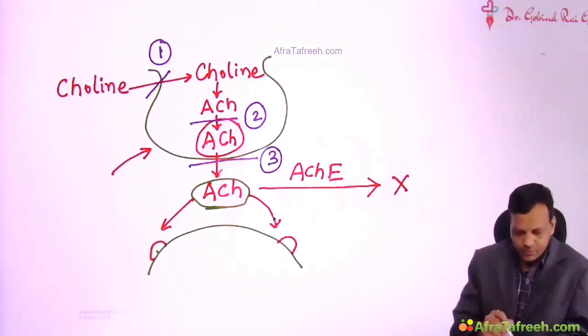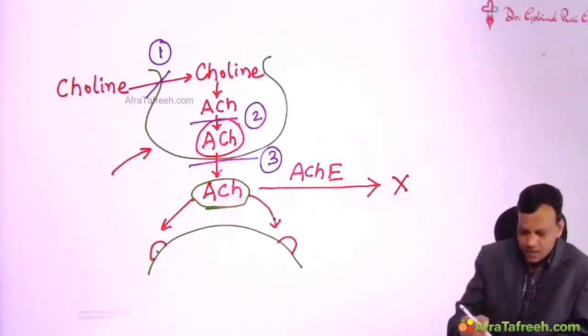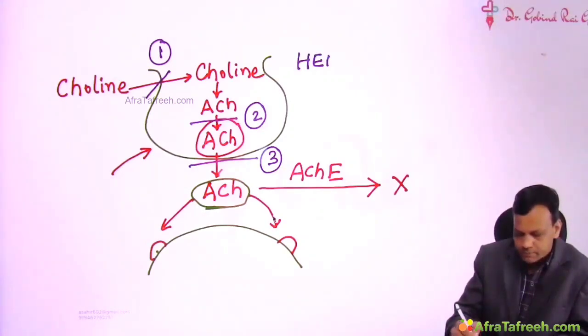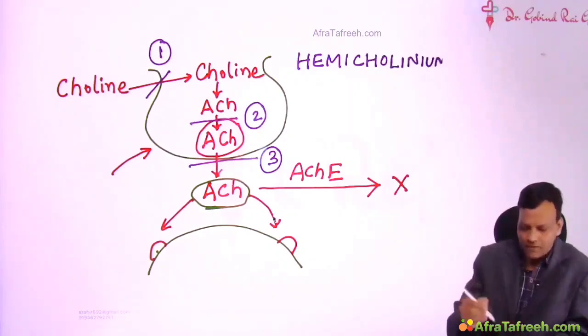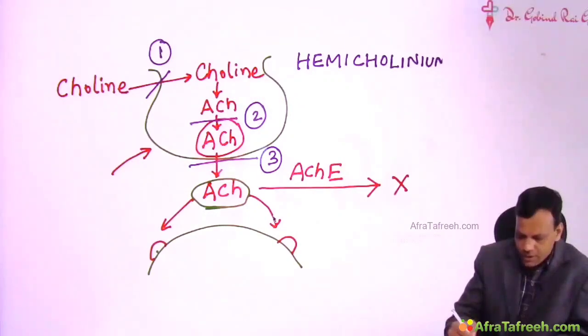Now if choline does not come inside, then acetylcholine will not be formed. So there will be less parasympathetic action. And this is done by a drug called hemicolinium. From the name you can remember this drug. Divide the drug into hemi choline.